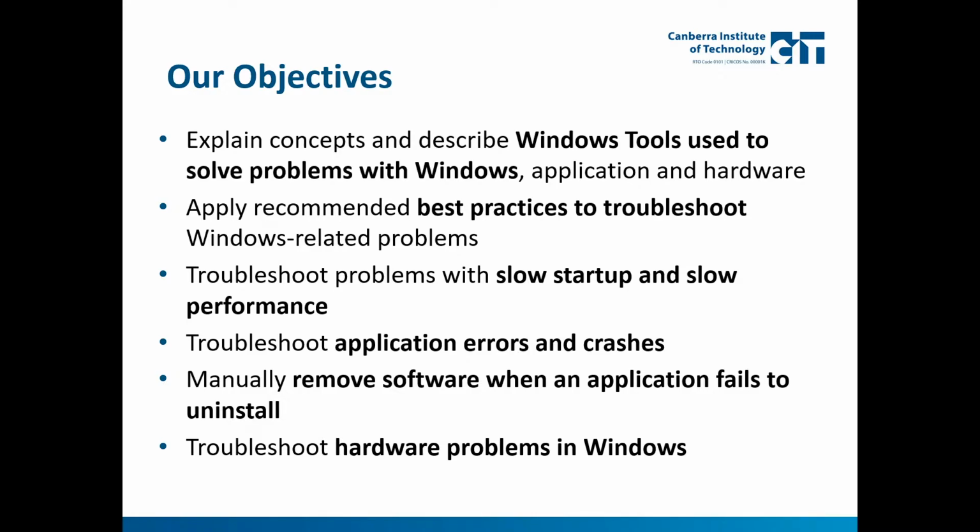We're going to be troubleshooting some application errors and crashes. We're also going to be learning how to remove some software and some applications that fail. Okay, and last but not least, we're going to be troubleshooting some hardware. We're going to see what are the most common problems and how we as technicians, how we as IT specialists, are able to fix that.